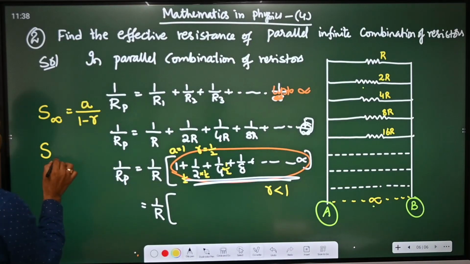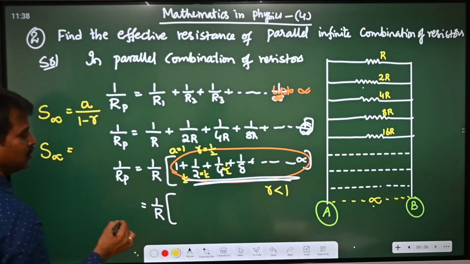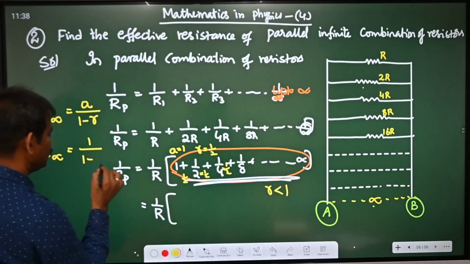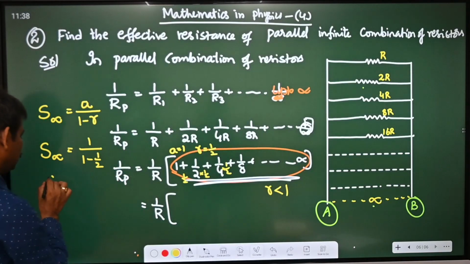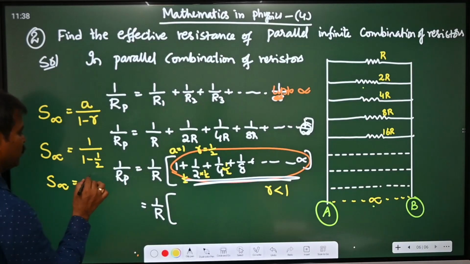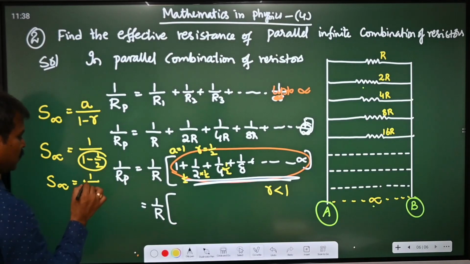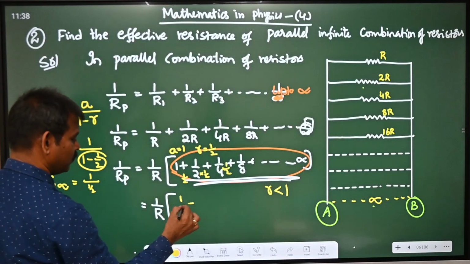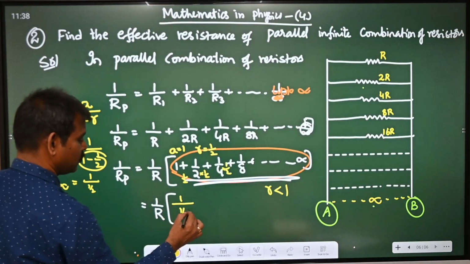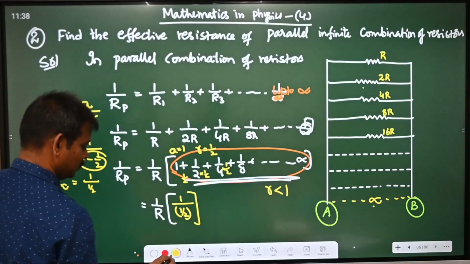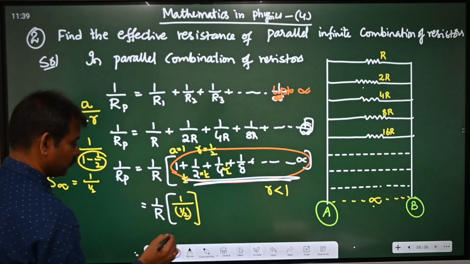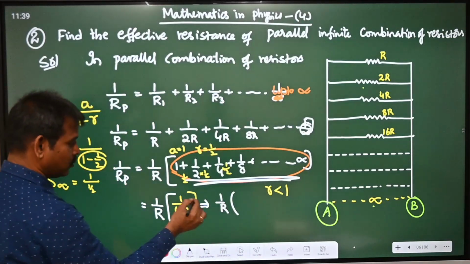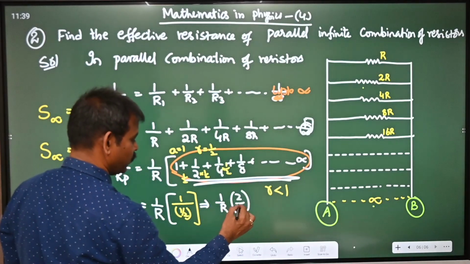So the sum of the infinite series is first term a by 1 minus r, which is equal to 1 by 1 by 2. So S infinite, this will become half. So this entire term will become 1 by R into 2 by 1.